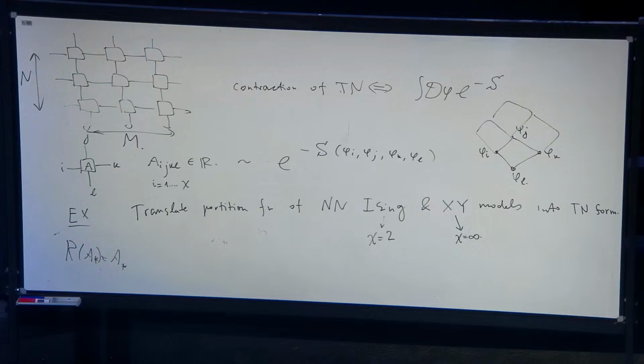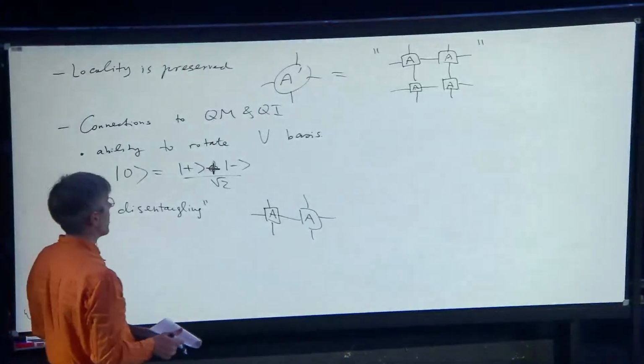And another thing that you are allowed to do, actually, you have to do, is something which is called disentangling. There is a notion of entanglement here, and there is a notion of disentangling, which appears when you perform these RG transformations, when you contract tensors AA pairwise.